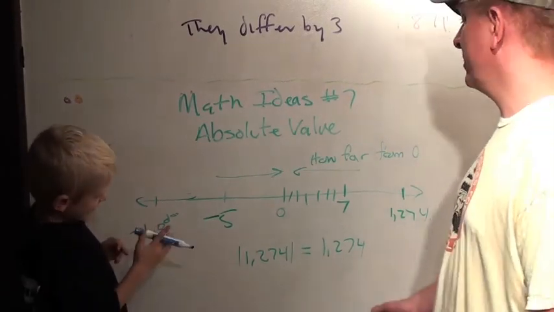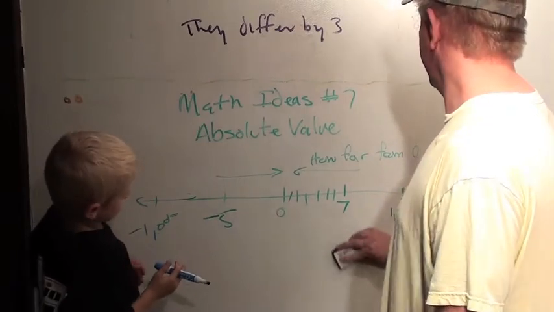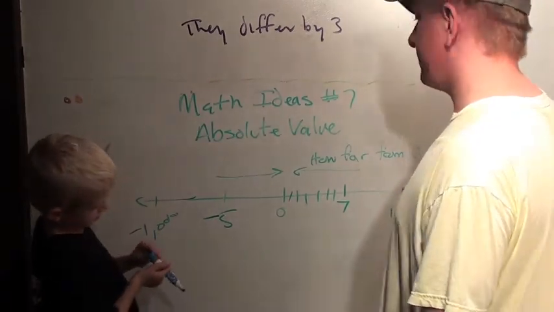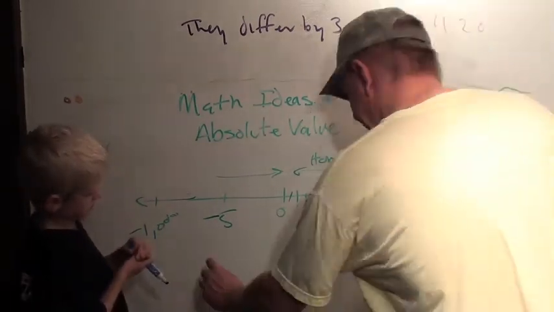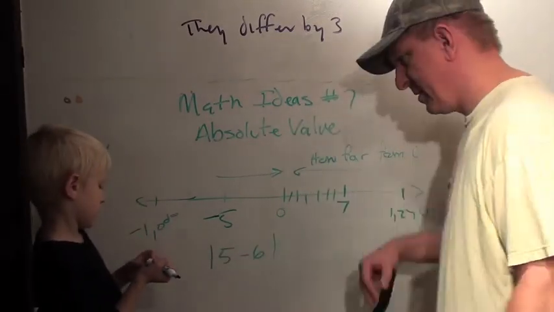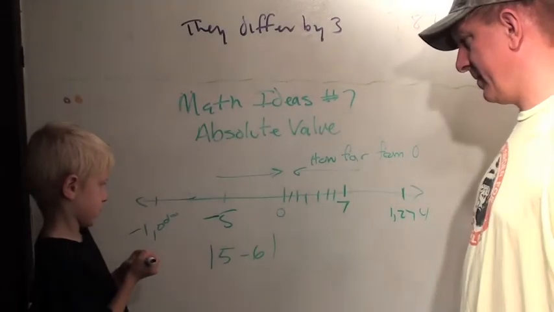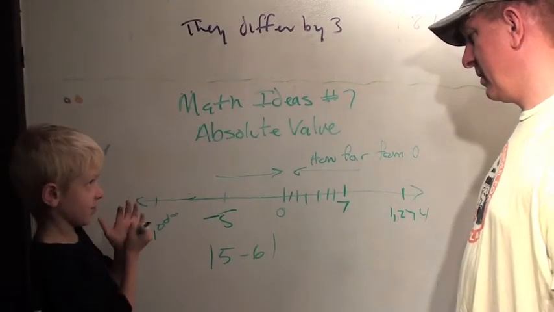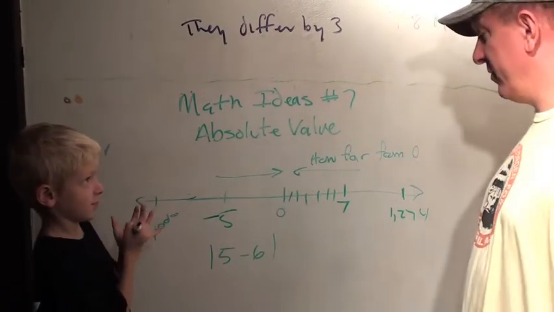So this is where absolute value can get kind of tricky. What is the absolute value of 5 minus 6? What do you think you have to do first?